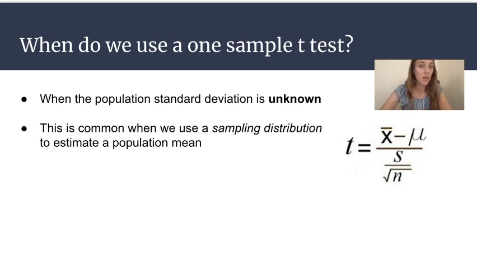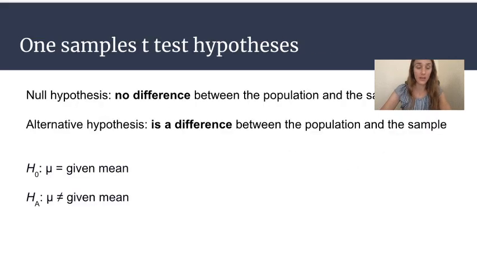This is common when we use a sampling distribution or assumptions about the population mean, which is most often the case, because having every member of the group you're interested in making a statement about is hard. It's hard to gather data on everybody that you're interested in, unless it's a very small group.